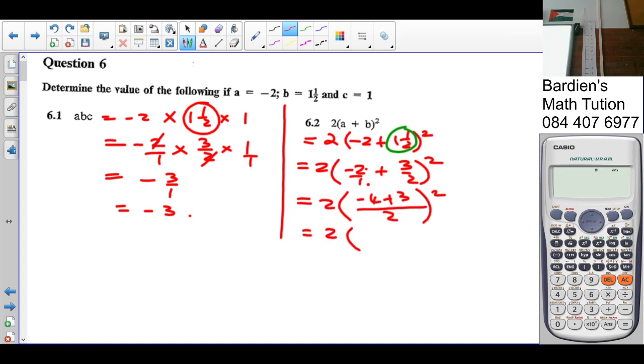So it's 2 times, what's -4 plus 3? -1 over 2 squared. What is negative squared? Positive. 1 squared? 1. 2 squared? 4. Positive times positive is positive. 2 going into 2 once, 2 going into 4 twice.